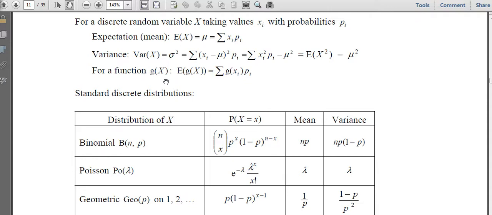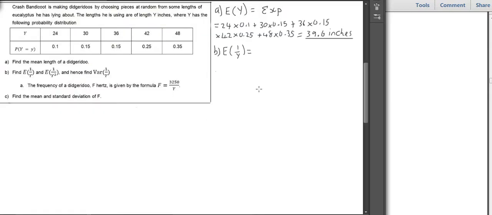For a function, if you want the expected value of a function, you do the function to each value, multiply by the probabilities, and add them up. So it's the same thing. So we're going to do 1 over y times the probability and add them up. And it's actually easier both writing and calculating if we just write it like that.